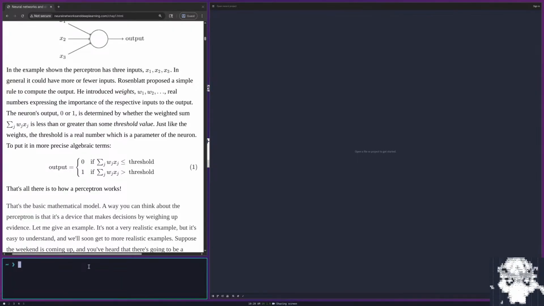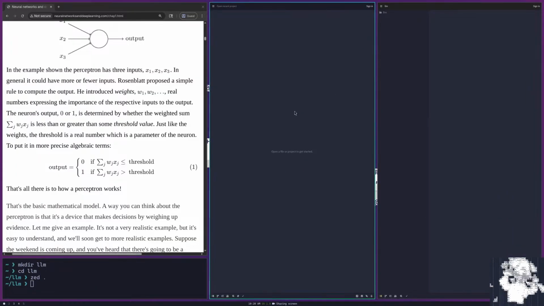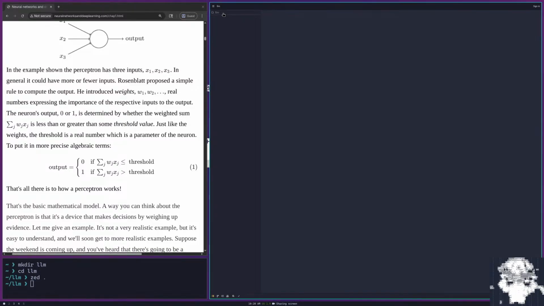So let's implement a perceptron. I'm going to make a directory for this project. I'll just call it LLM. And then we're going to make perceptron.py.